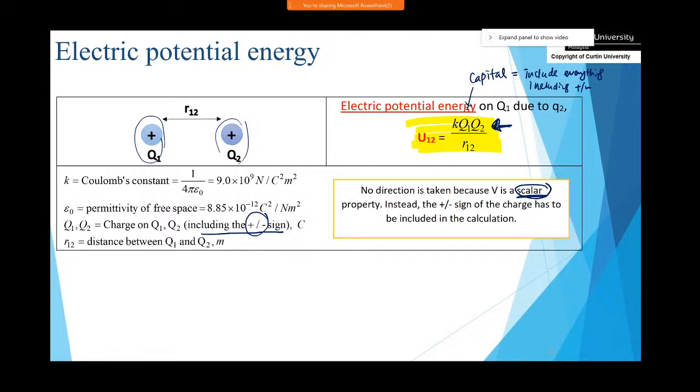Just now, if it is electric force, remember, it will only be k, but small q1, q2 over r squared. So this small letter means you only include the magnitude, without the sign. So even the formula itself has already hinted whether it is scalar or vector.